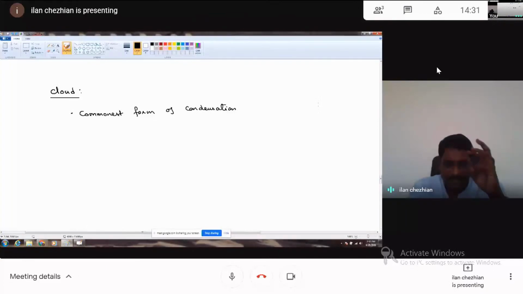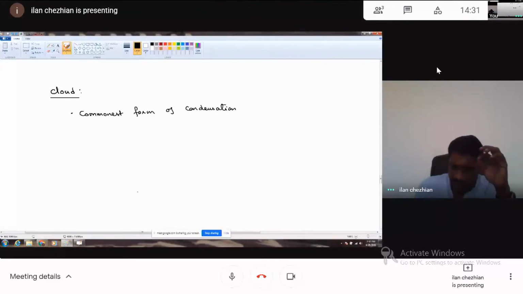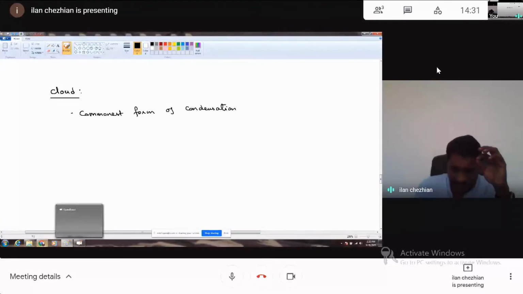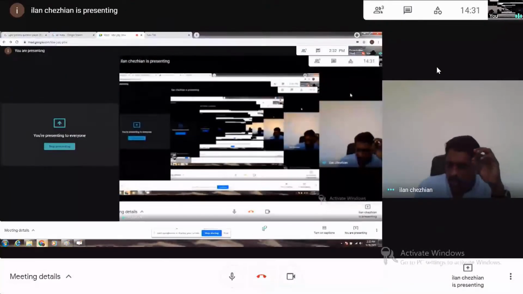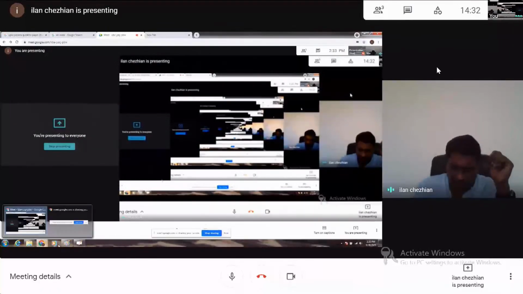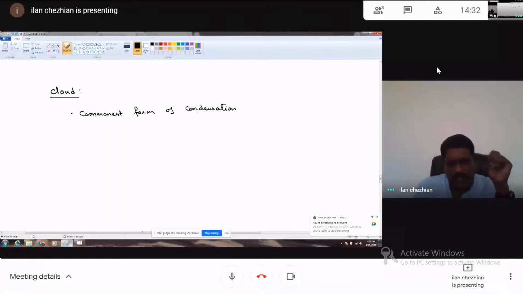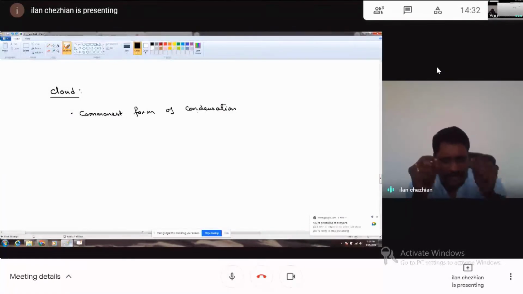See the definition, it says cloud is a visible aggregate of tiny ice crystals and minute water droplets. It means cloud is full of small water droplets and very tiny ice crystals.